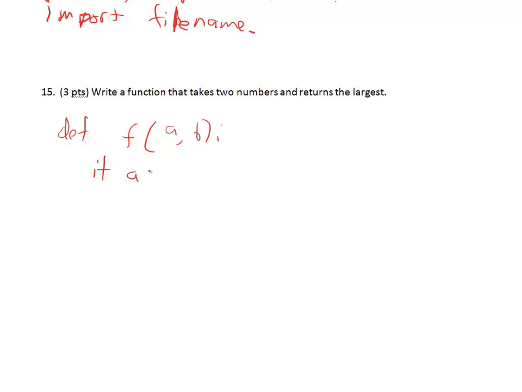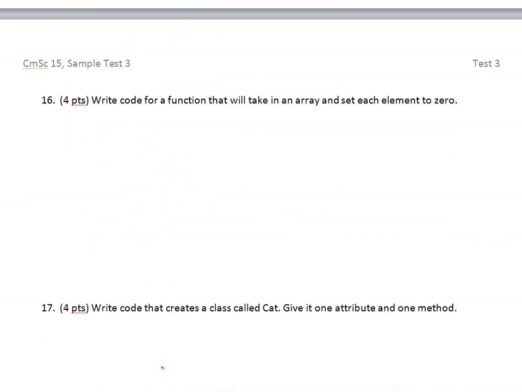If a is greater than b, return a, else return b. Yeah, and if they're equal to each other, we'll just return that value.